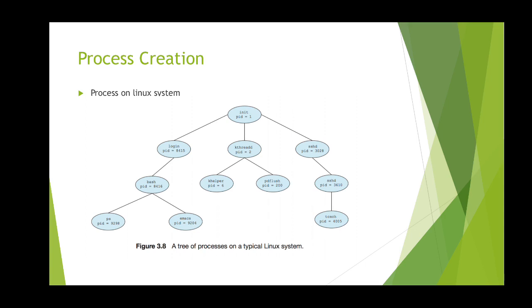And in a Linux system, the parent of all processes is init, and it has a process ID of 1, and all other processes are child processes of this init process.